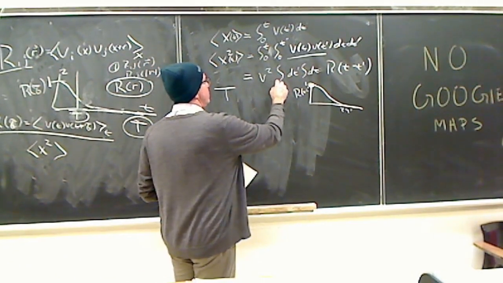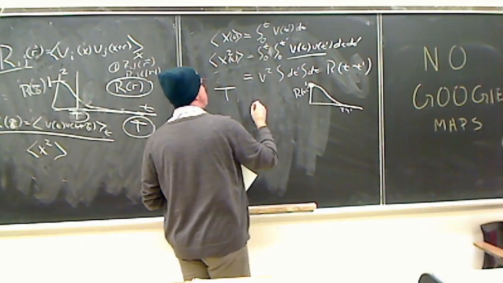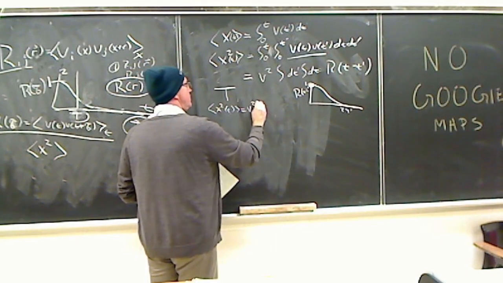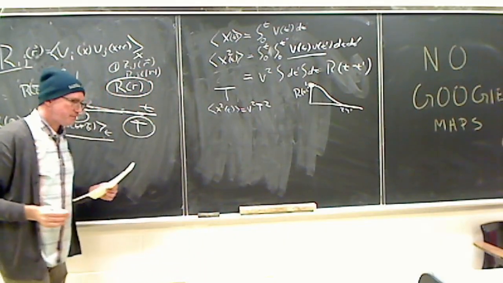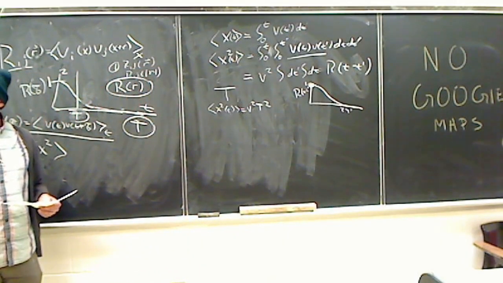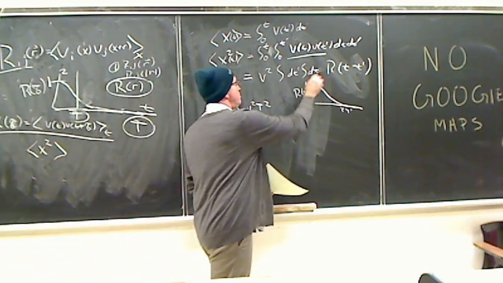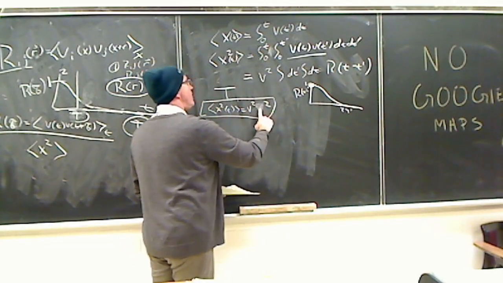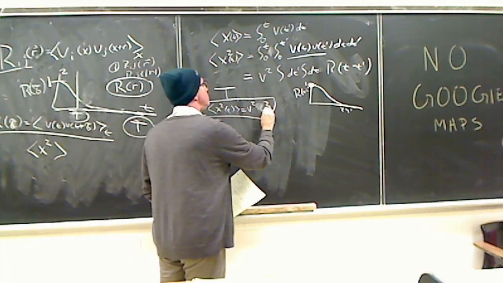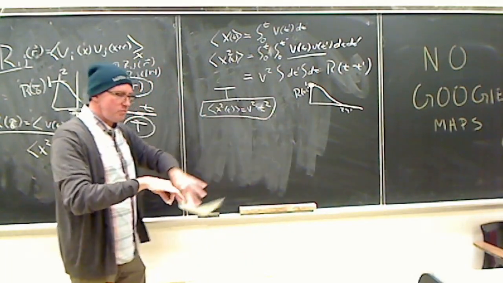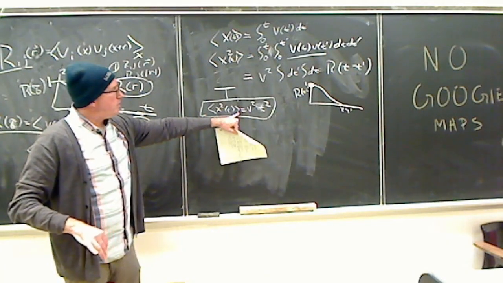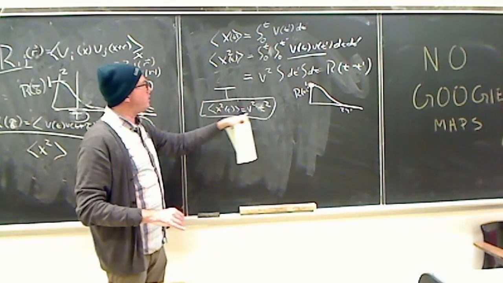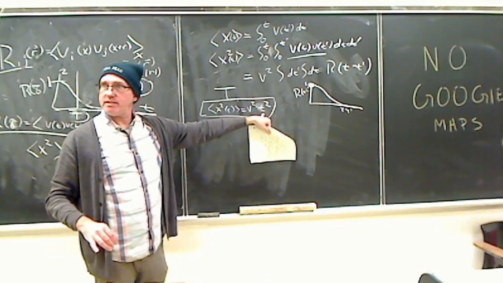And this is just 1, and I get a t from here, and I get a t from here, and I'm left with x squared of t equals v squared t squared. We'll just call that little t squared, because that's going to change with time as you move outwards, but this is only true for very short times. So here, I've got x squared goes like t squared. This is basically ballistic motion.